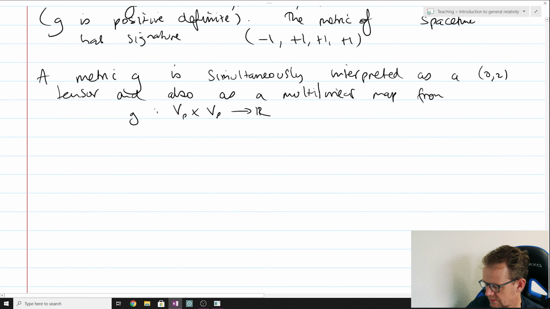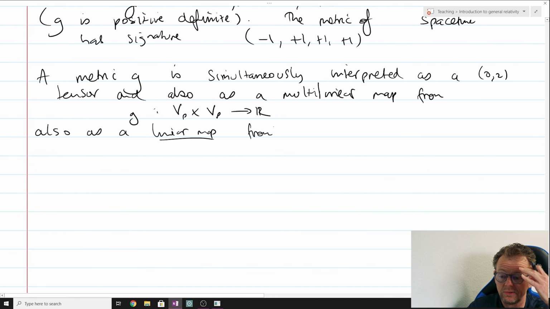And it's also a linear map. In the previous lecture I gave an example of how a tensor of type 1 1 gives you a linear map from V to V. But now we've got a tensor of type 0 2, and this gives us something very interesting indeed.